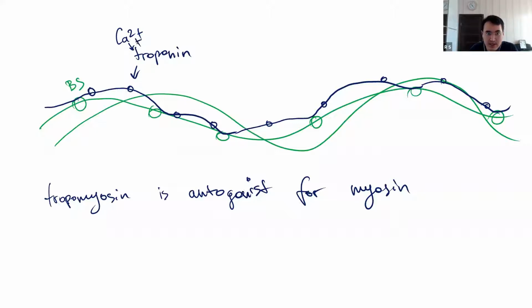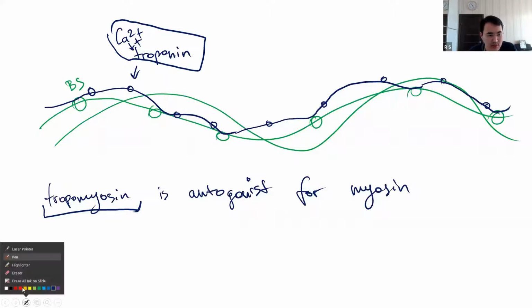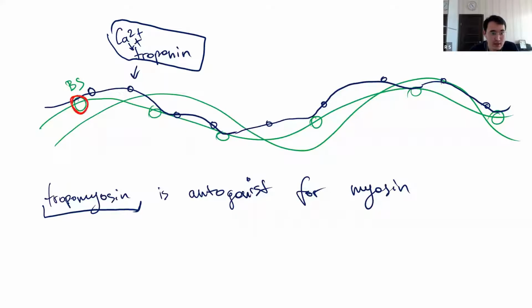Okay, so this guy binds to troponin, and together this complex of calcium and troponin changes the conformation or 3D structure of the tropomyosin so that it kind of gets away from these binding sites. So it doesn't disappear, it just opens these. So let's make them red now. So it opens these binding sites, and in this case, they are open for interaction with the myosin.